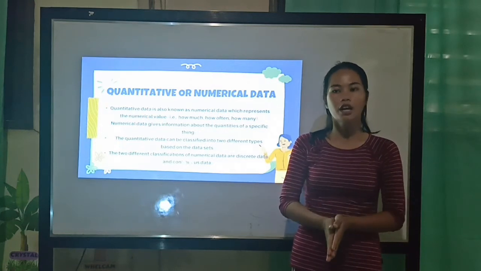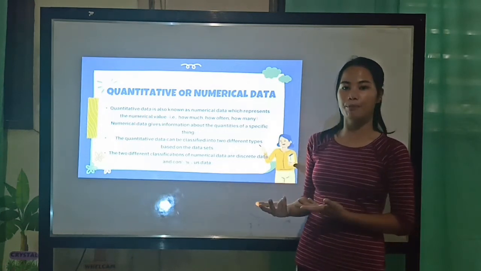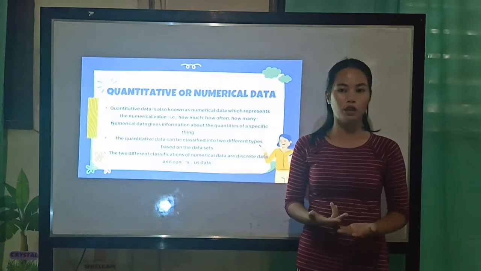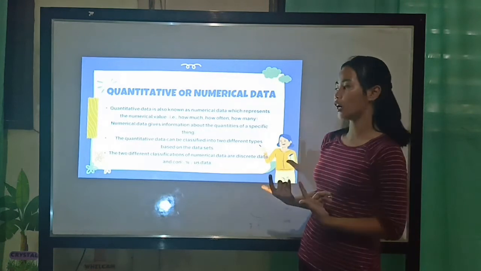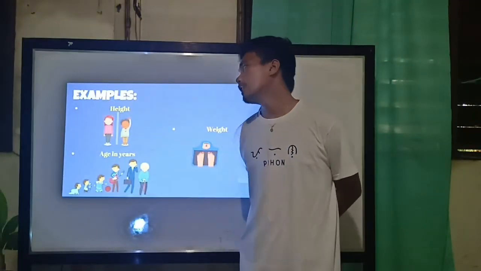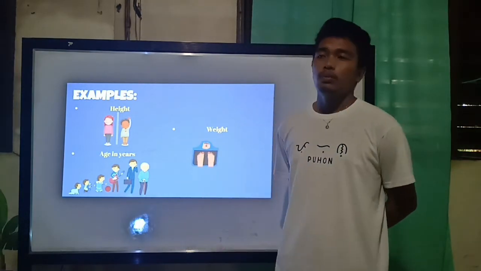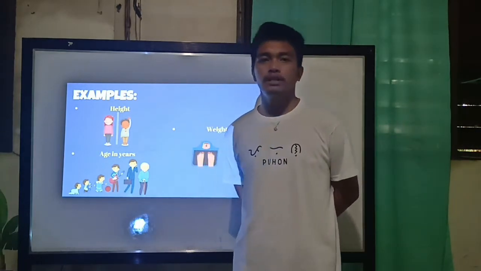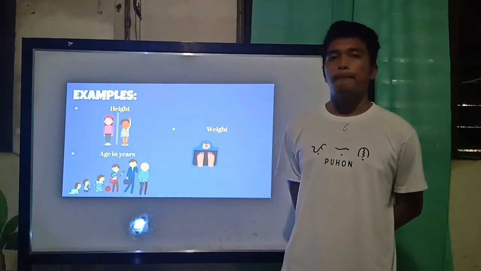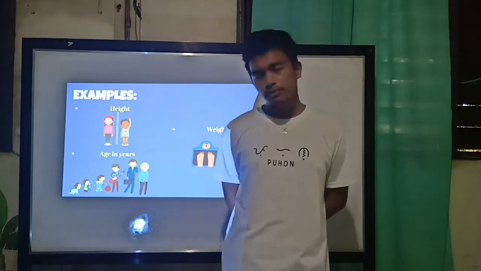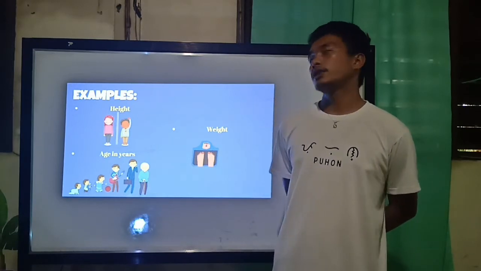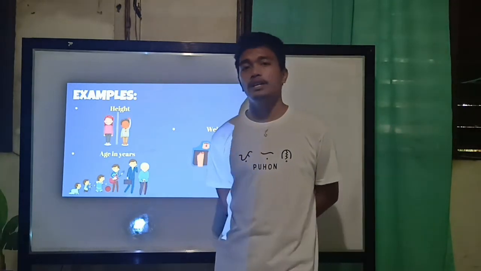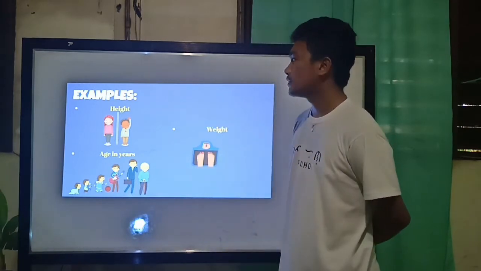Therefore, you can identify the type of data prior to collection based on whether the variable is numeric or categorical. Before I explain the example, we need to remember that quantitative data is the opposite of qualitative data, which means qualitative data is seeking word data or by category, and quantitative data is seeking numerical values or data.